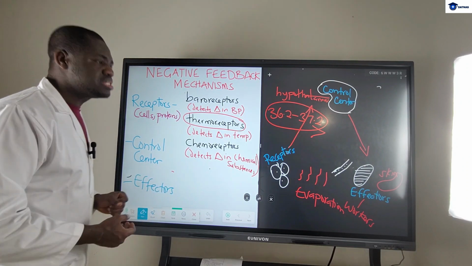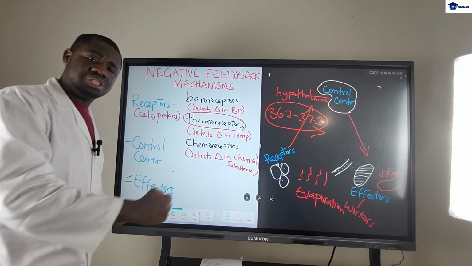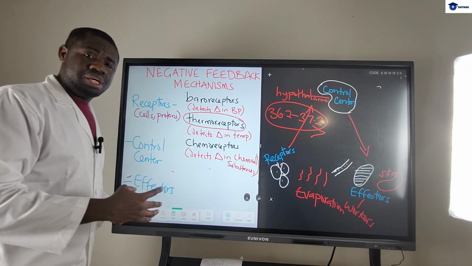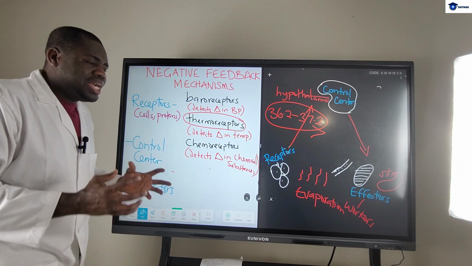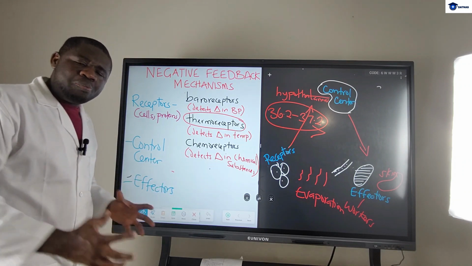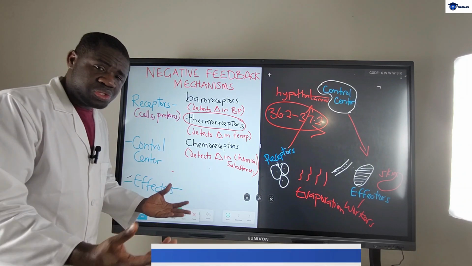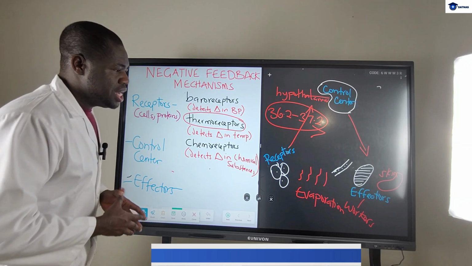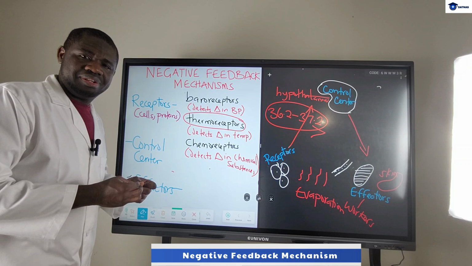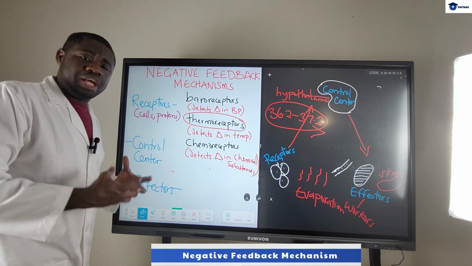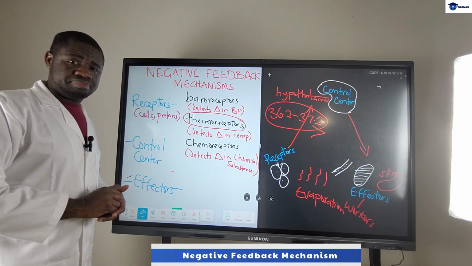The effectors are responders. They respond to the situations, to control that situation and bring it to normalcy. So effectors could be muscles, effectors could be skin, effectors could be anything that the body can use to respond to changes in the body.